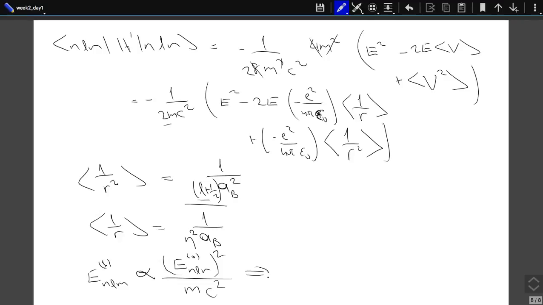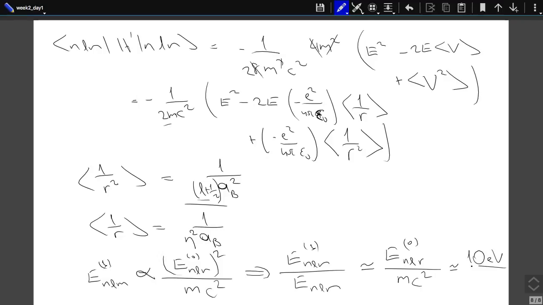And so if you look at the fractional correction, this will be approximately the energy of the state divided by mc squared. Well, the energy of the state is 10 electron volts. For the electron, mc squared is 500 kilo electron volts.